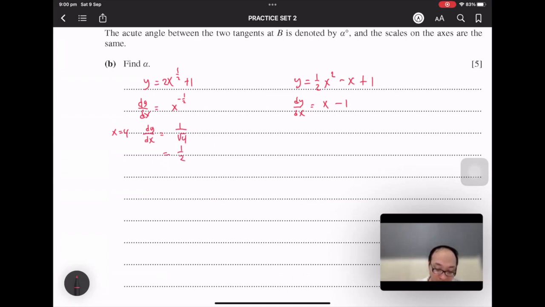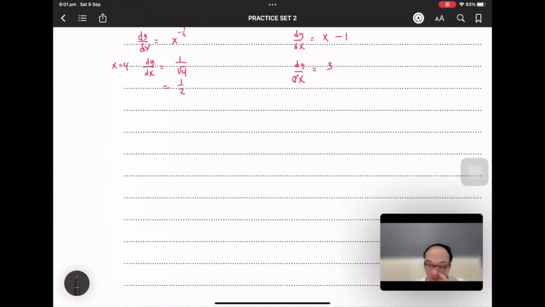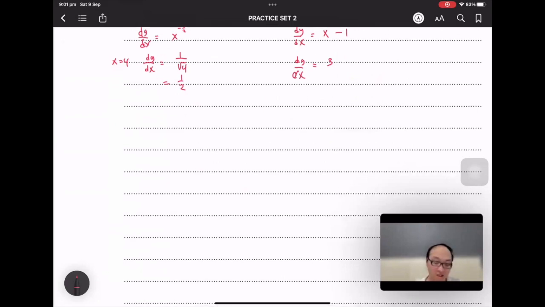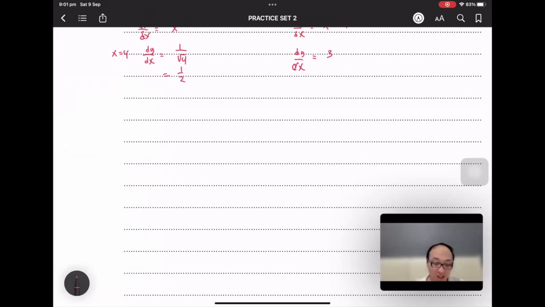So 1 over 2. And this one, the gradient is 3. So that means from here, we can find the angle, as we know that the gradient equals to y over x, rise over run, and this is equals to tangent theta.